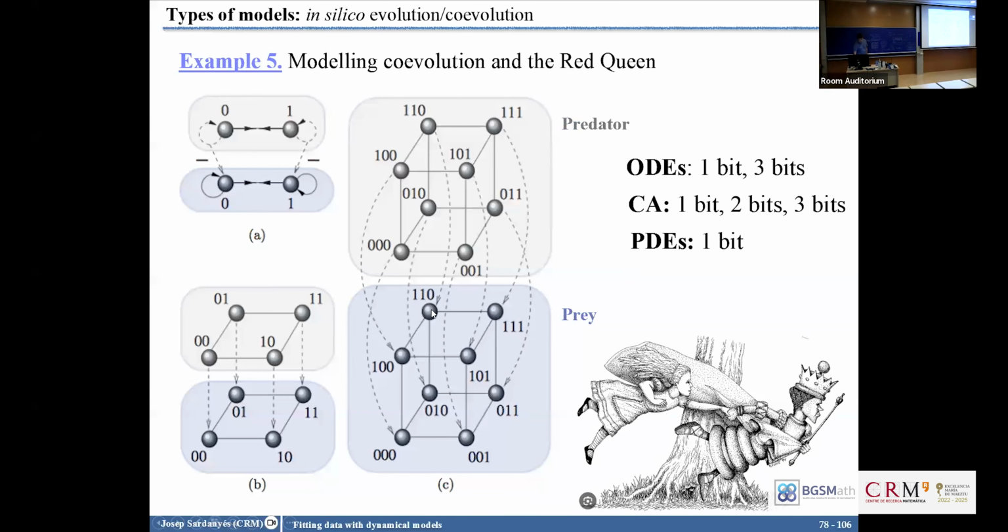And this is something that we used to study one of the most important evolutionary laws beyond Darwin's natural selection, and this is a very exciting field of research: red queen dynamics.